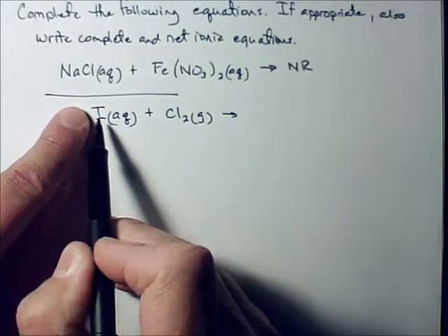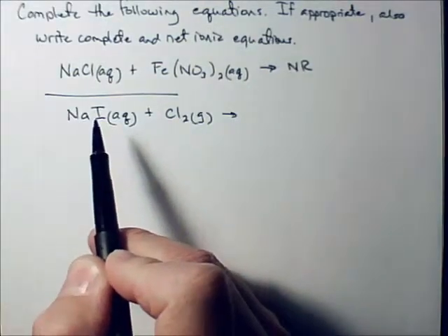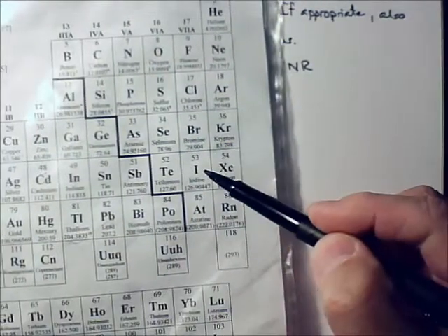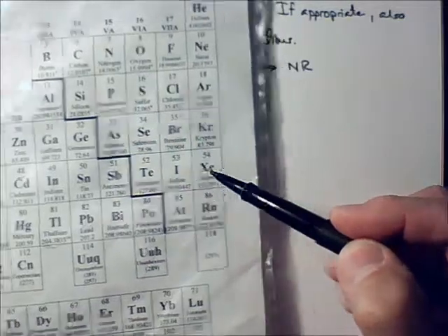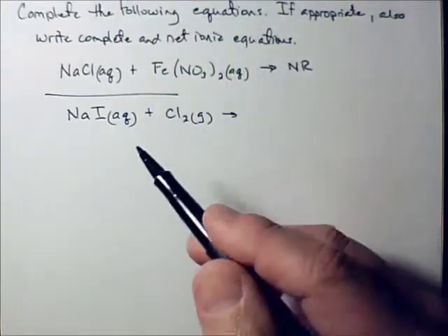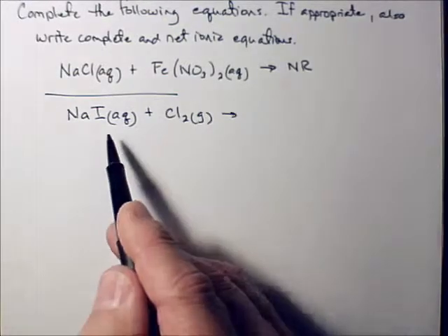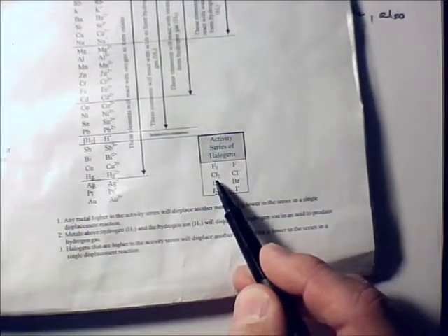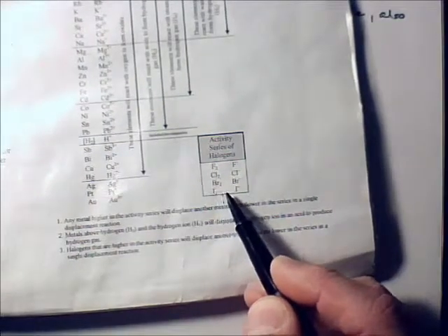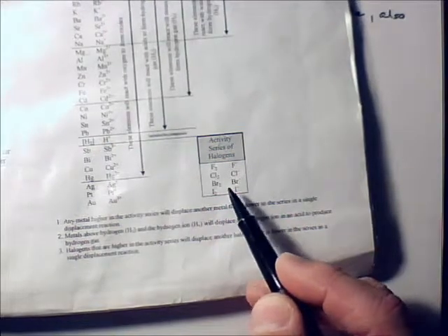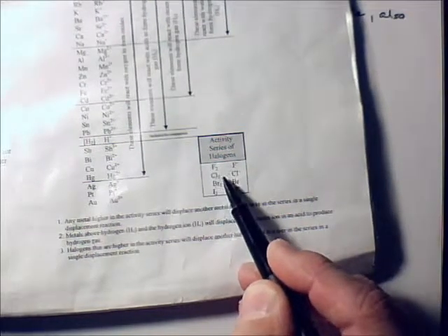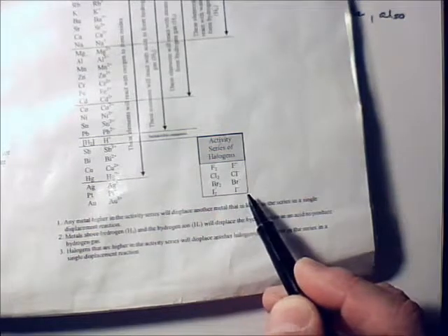So if it's going to replace anything, it's got to replace this iodine, which is also in column 7A. So now we've got to go to the activity series to see if it does or will replace iodine. Since chlorine is listed higher than iodine, then we can assume clearly that chlorine will replace iodine in the compound.